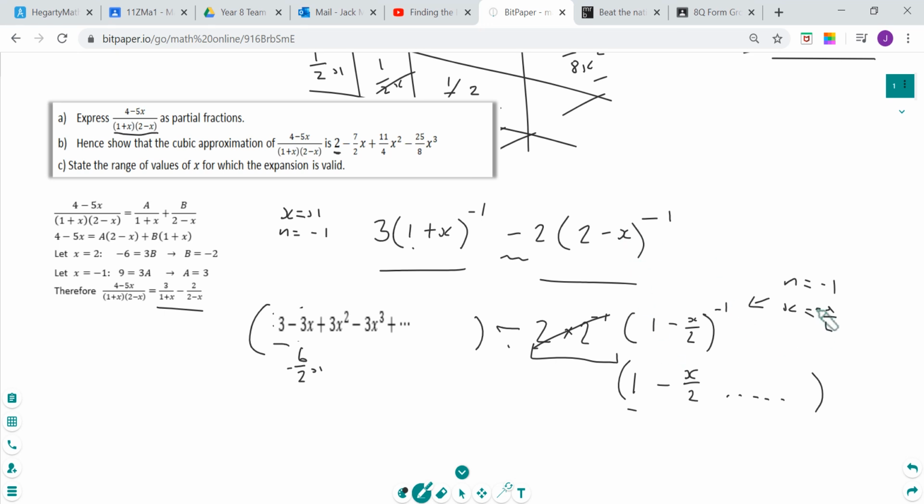Yes, this x should be minus x over 2. So that should be a positive x over 2. So minus 6 over 2 minus, actually best way to think of this, minus 6 halves minus another half. It's going to take you to minus 7 halves and so on. So that's a slight variation because we're just dealing with addition and subtraction this time.